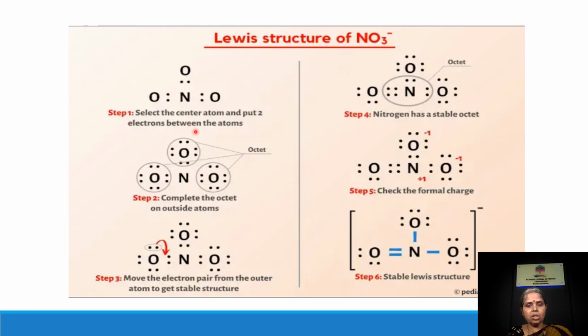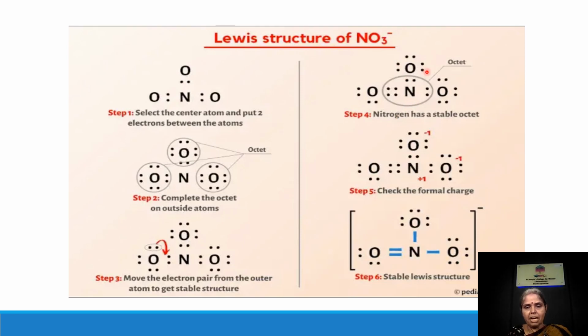Initially, what was the total count of electrons we had? If you remember, we already calculated it as 24. 6 times 3 is 18, 18 plus 5 is 23, 23 plus 1 is 24. So, one lone pair is converted into a bonding pair here. You can see nitrogen now also has an octet.